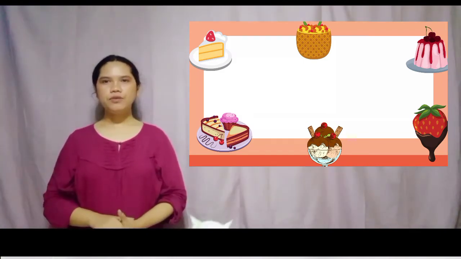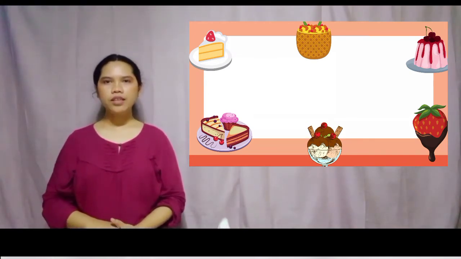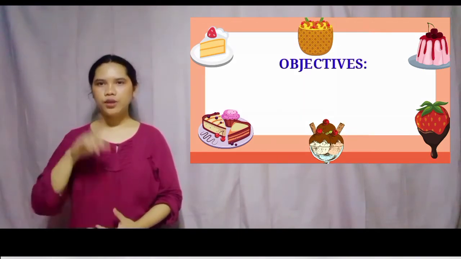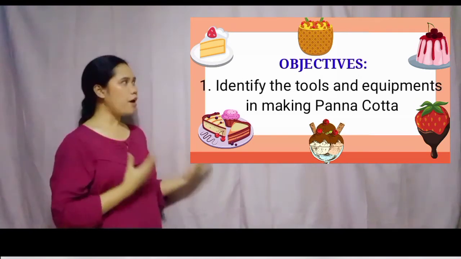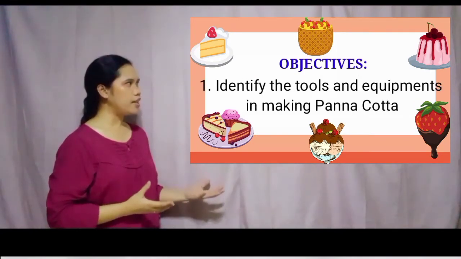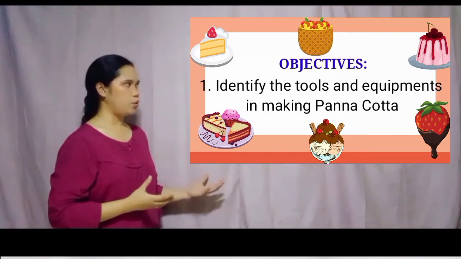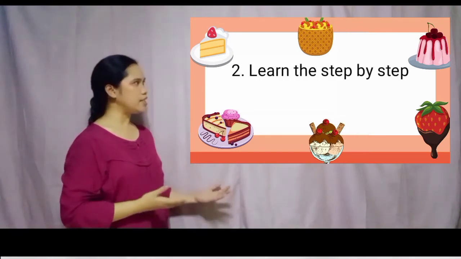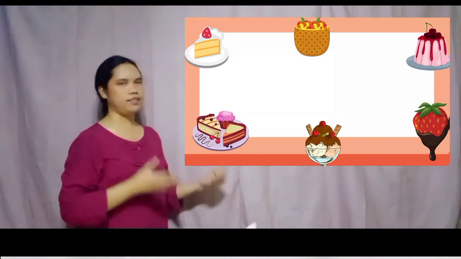Okay, so before we proceed to our demonstration, I will give you the objectives of this lesson. Number 1, identify the tools and equipment in preparing the mango panna cotta. Number 2, learn the step-by-step procedure in preparing panna cotta.